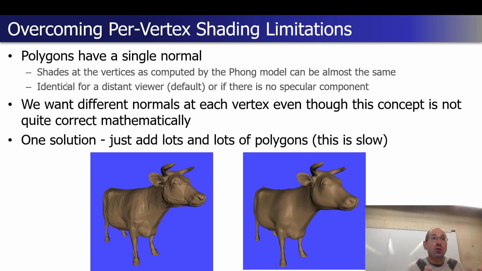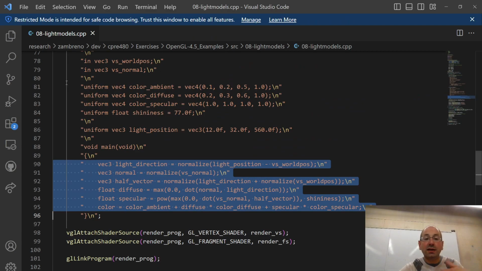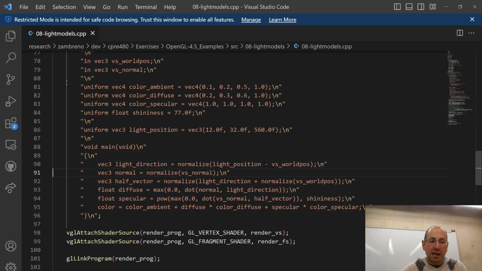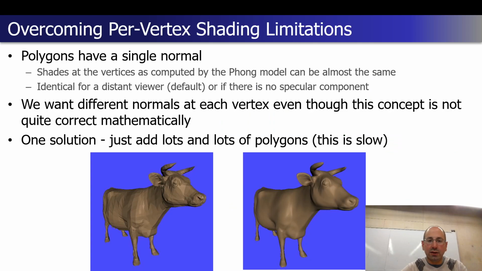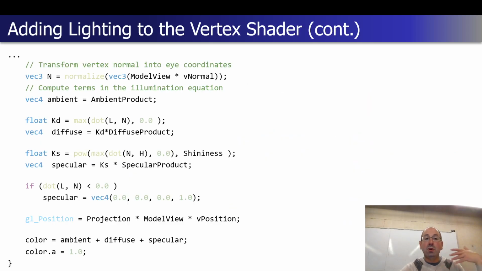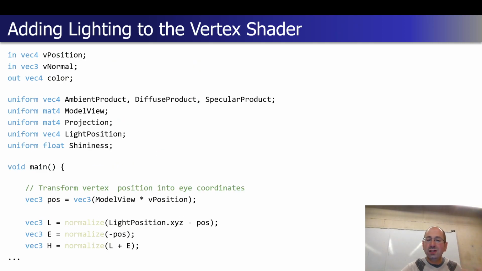The issue when we do that is that if you have a single normal for each polygon, if we look back to the source code of what's happening here, in our vertex shader, if each of the vertices for a triangle has the same exact normal, what is really going to be different?